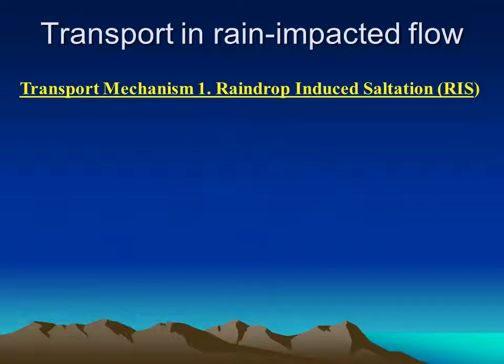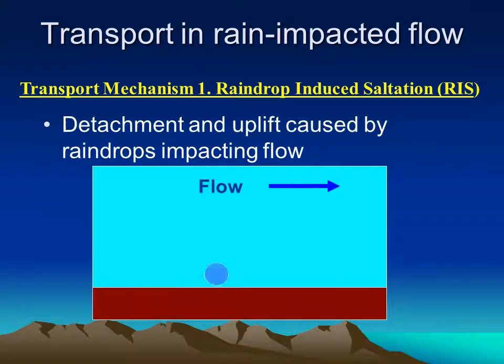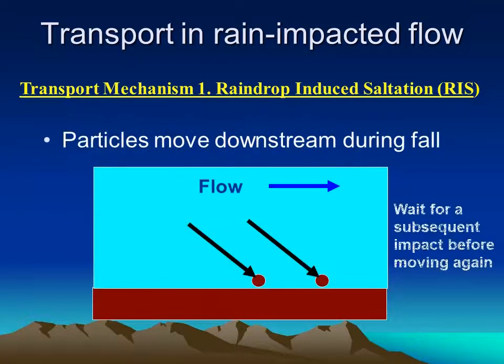Raindrop-induced saltation occurs when the particles are lifted up into the flow, and because the flow is moving downstream, these particles then fall downstream as they return to the bed, and then they wait for subsequent impact before moving again.